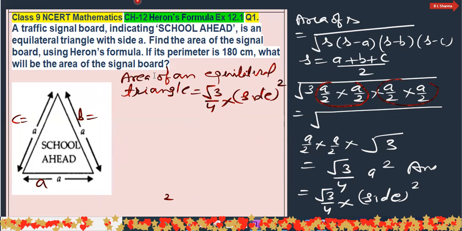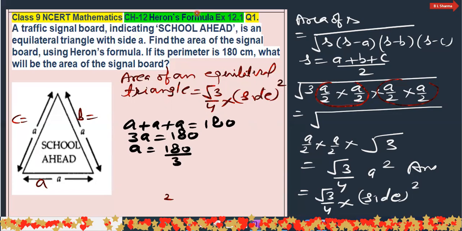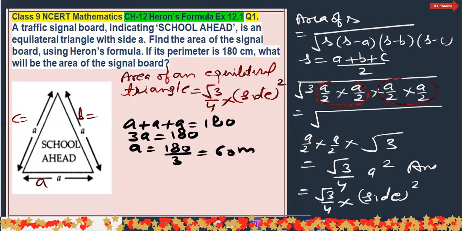For the second part, its perimeter is 180 centimeter. What will be the area of the signal board? तीनों साइड इक्वल है और तीनों का जो perimeter है, means a plus a plus a, that is given 180. 3a is given 180. So a is 180 by 3, that is 60. Therefore, हमारे पास साइड आ चुका है. What is the area?